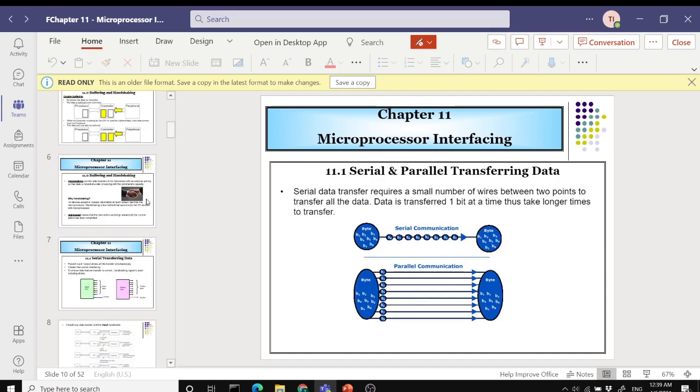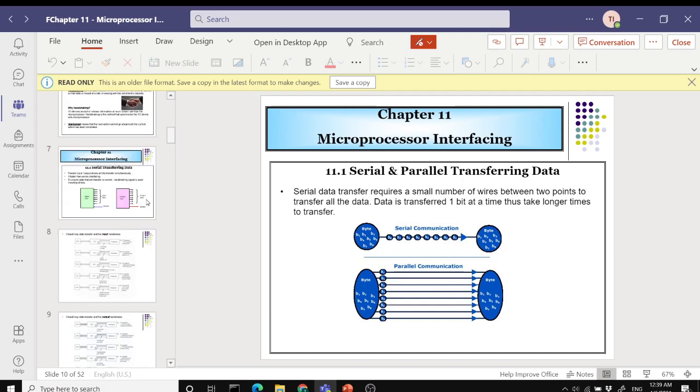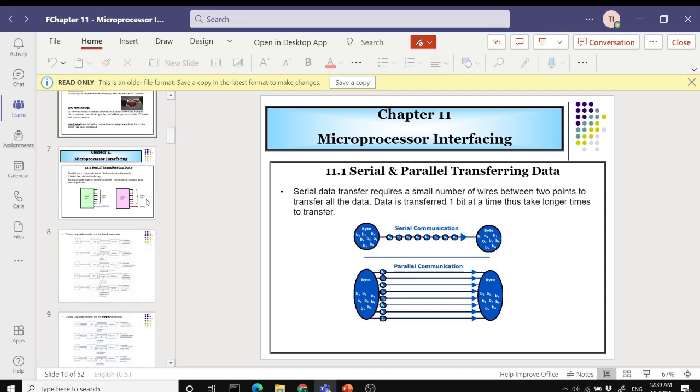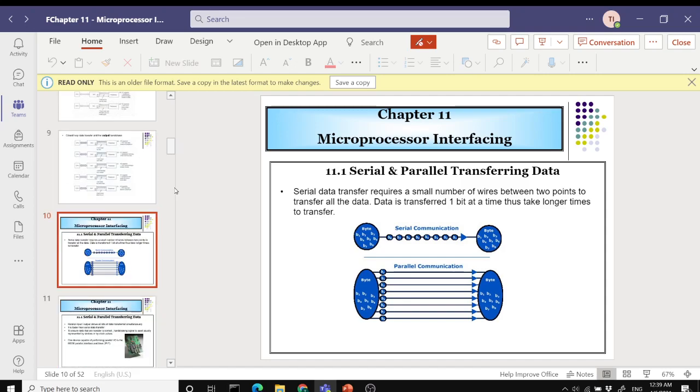Let's start on what is this serial and parallel mode of transferring data. As you are aware or not aware, there are two modes in transferring data if you are using a computer. The first is through serial communication, and the second is through parallel communication.